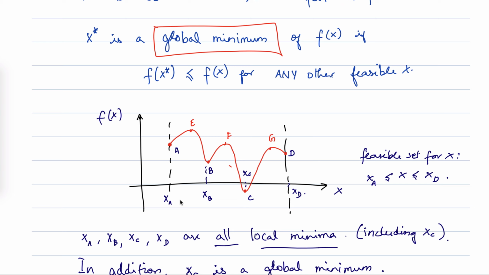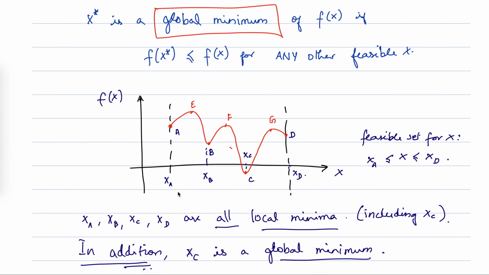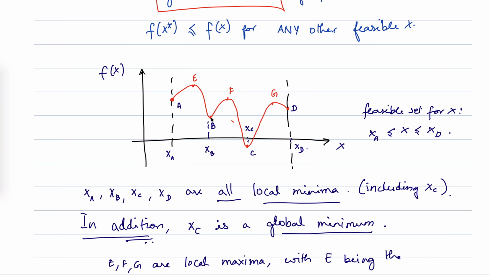Okay, so if you take a look at this function, this is the domain of the function between xa and xt. B and c are interior minima, a and d are boundary minima, a, b, c, d are all local minima. Okay, they are all considered local minima.